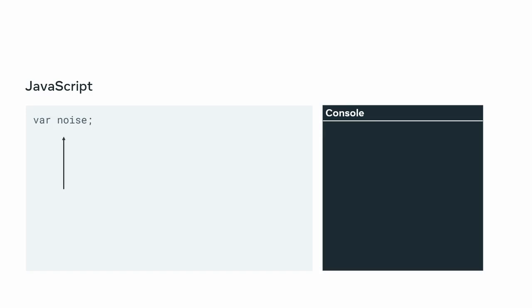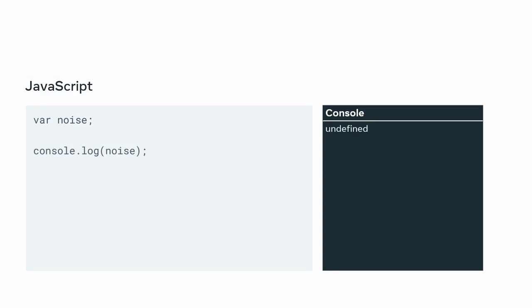Another common situation where the undefined value appears is when a variable is declared without assignment. For example, suppose I create a variable named noise, but do not assign it a value. You might recall that this is valid JavaScript, and the code will run. However, as the variable has not been assigned a value, JavaScript automatically assigns the value of undefined.